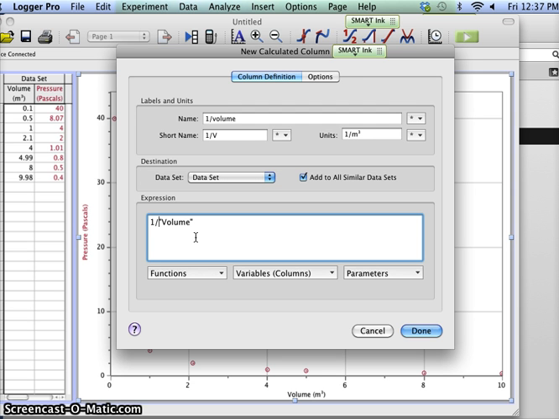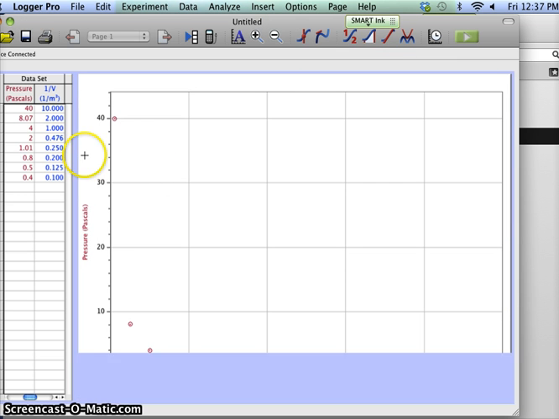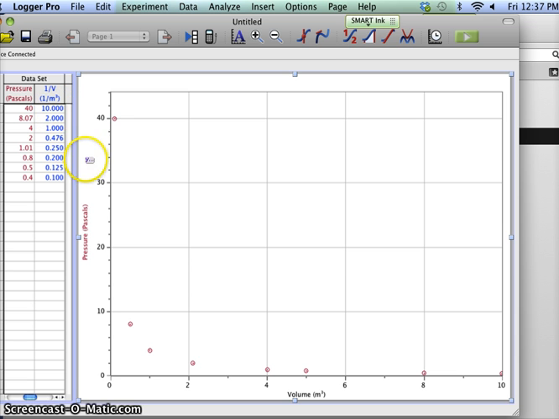Did you see how I did that? I did 1/volume. Make sense? And this is how we're going to test our idea that there's an inverse relationship. Are you guys with me? Okay, I hit done.